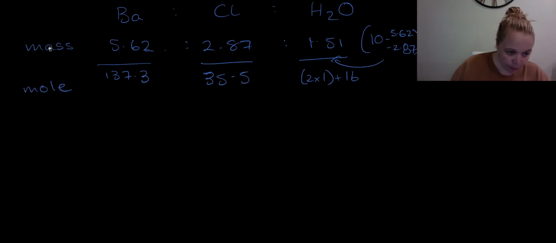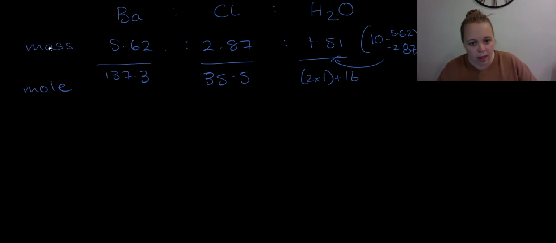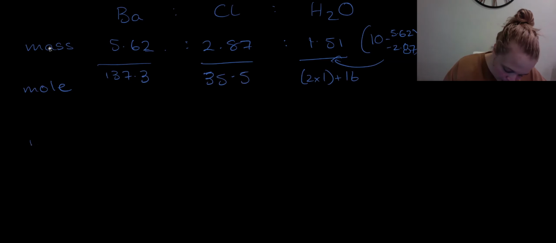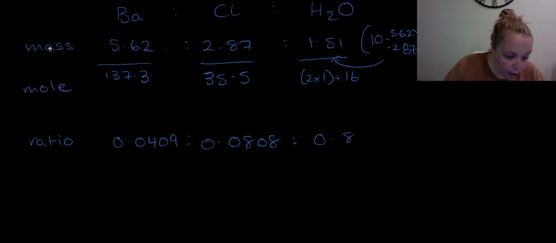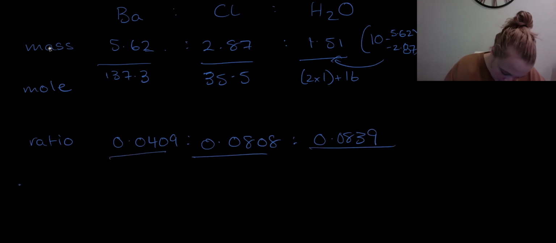When you plug that all into your calculator, and I expect you to be pausing if you need to, what you end up with is your ratio: 0.0409 to 0.0808 to 0.0839. You're going to divide them by your smallest.